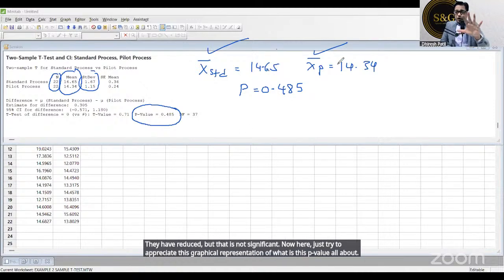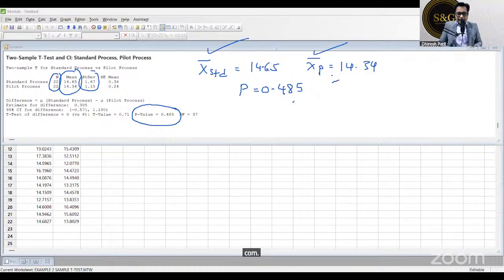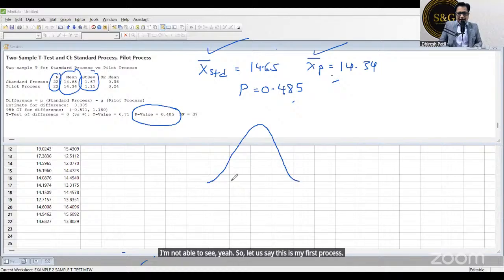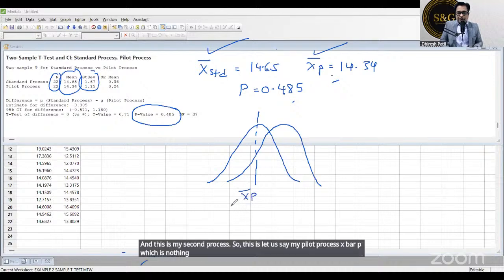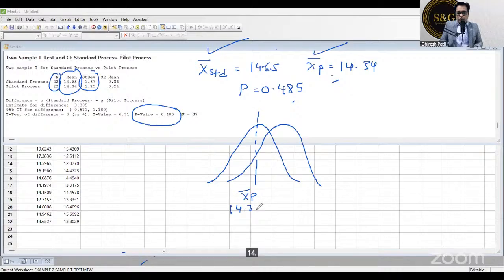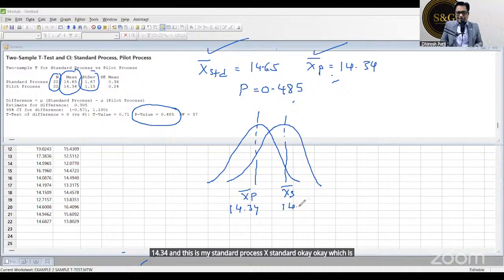Now just try to appreciate this graphical representation of what this P value is all about. For your simple understanding, focus here. Let's say this is my pilot process, X bar P, which is 14.34, and this is my standard process, X bar standard, which is 14.65.